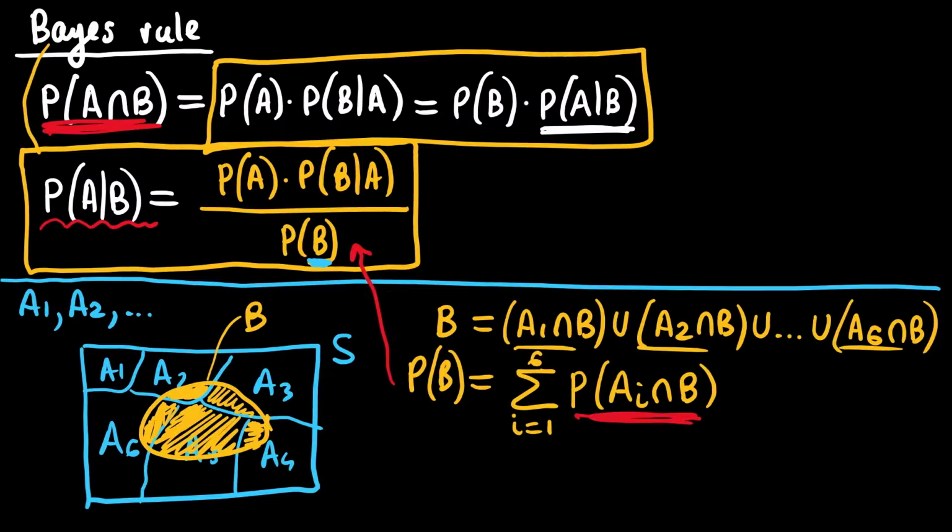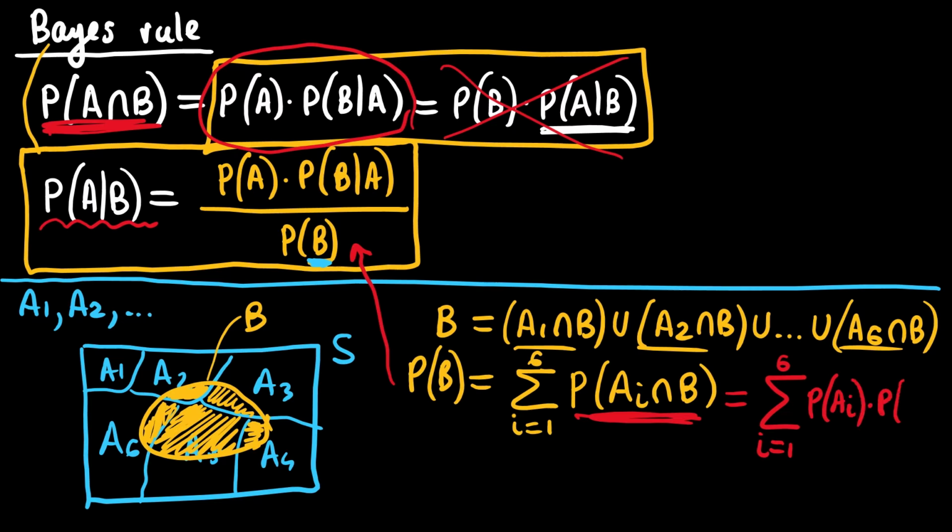We will not care about this form, but rather we would prefer this other form. So okay, so then we'll write it as the summation as I goes from 1 to 6 of the probability of AI times the probability of B given AI.